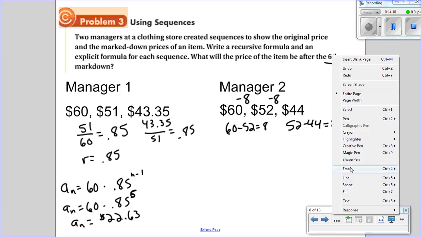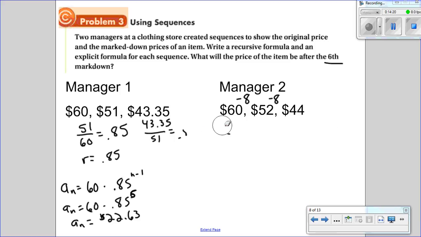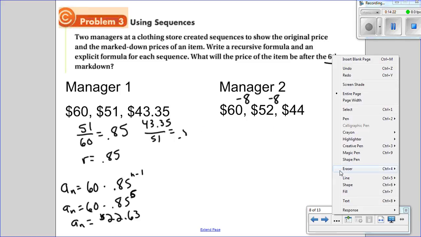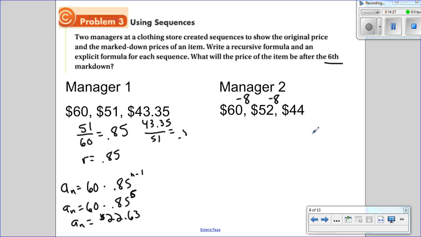Okay? So we're going to erase this, and come up with what our explicit formula would be for an arithmetic. I know that's a few chapters ago, but it's A sub n equals our common difference, which is -8, times n minus 1, plus our initial value, which is 60.